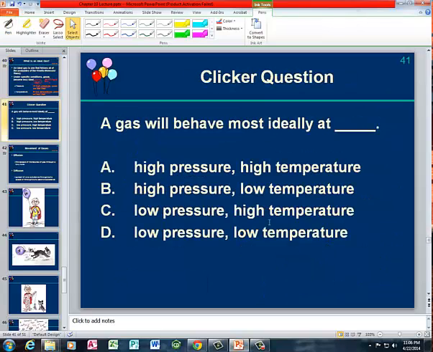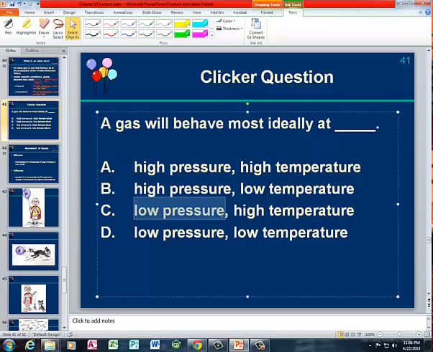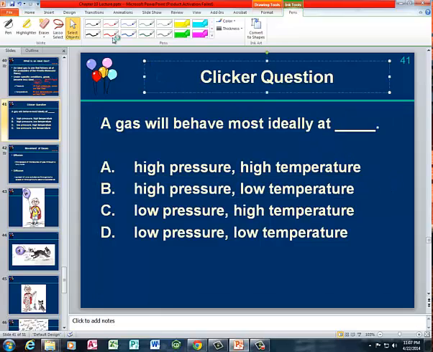All right. So gas will behave most ideally under what sort of conditions? That would be low pressure and high temperature. Most ideal behavior is at low pressure, high temperature. Most non-ideal behavior would be under high pressure and low temperature. This would be non-ideal, high pressure and low temperature.